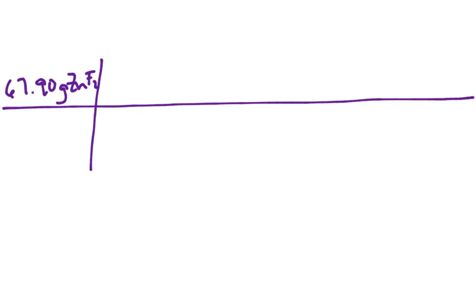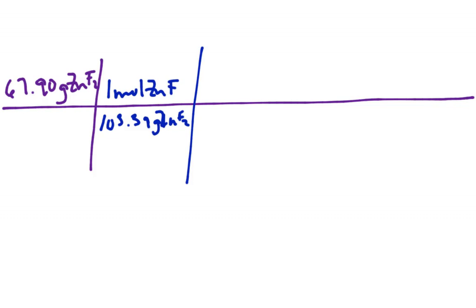All right. We add those together from our periodic table. Zinc has 65.39 and fluorine is 19.00. So we add all those together. We got 103.39 grams of zinc fluoride. And remember to keep with your units in 1 mole of zinc fluoride.